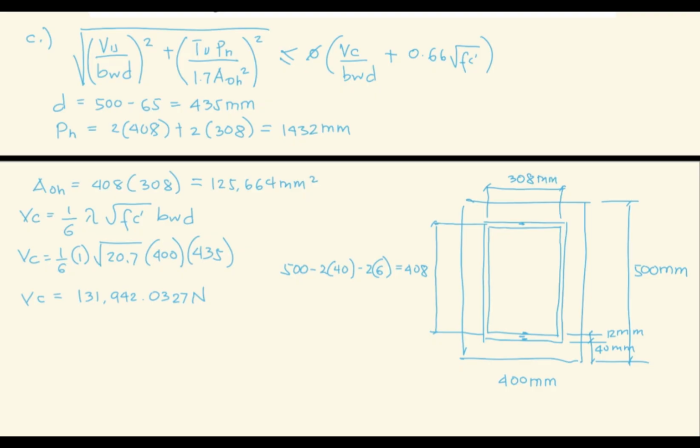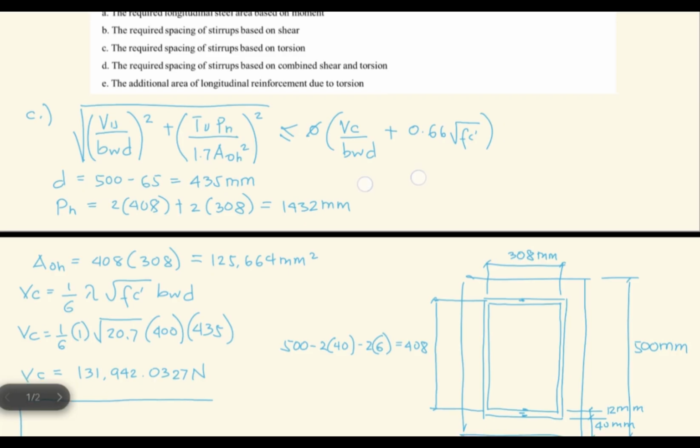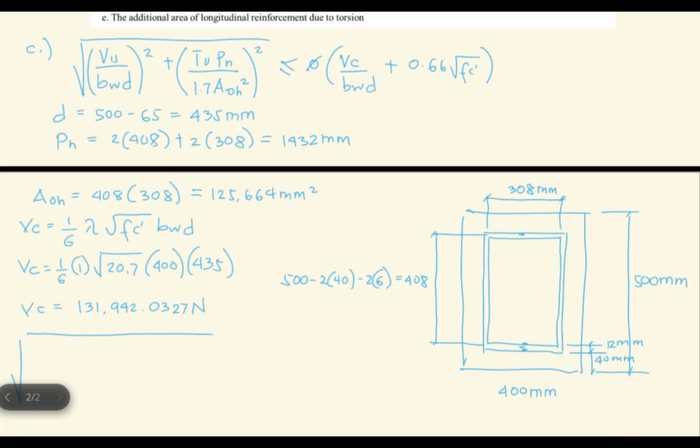Okay, so then we substitute these values to the relationship for us to determine if the cross section is adequate. So square root of VU, which is 250 kilonewtons.